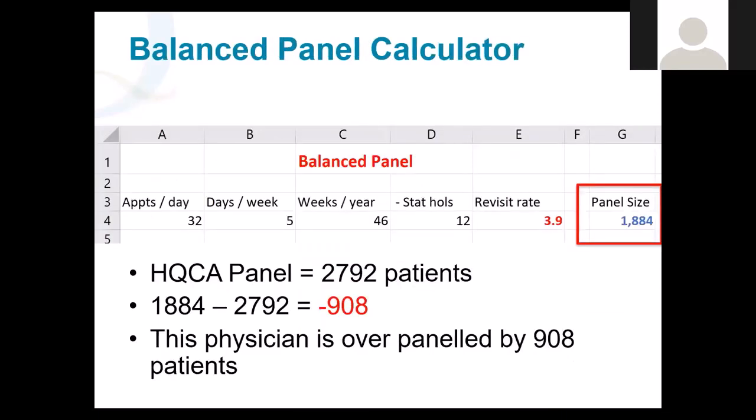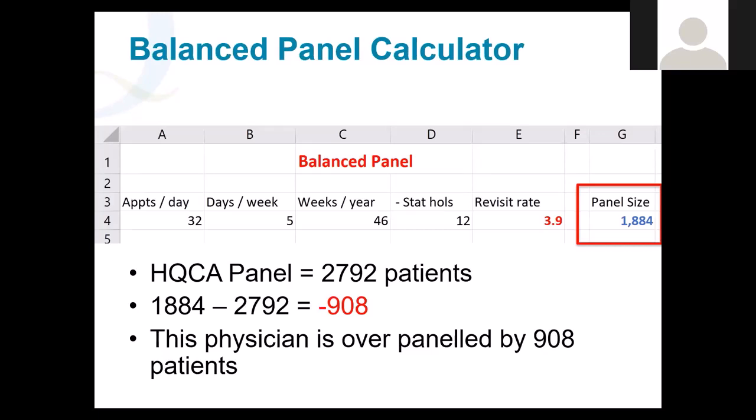So if we were to say that this physician is providing 32 appointments a day, 5 days a week, for 46 weeks per year, minus the 12 stat holidays, with a revisit rate of 3.9, the ideal panel size for this physician supply would be 1,884.